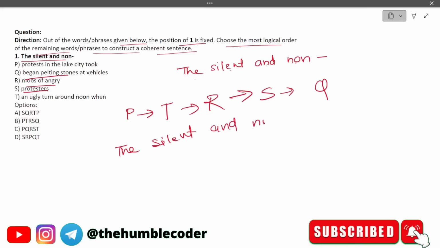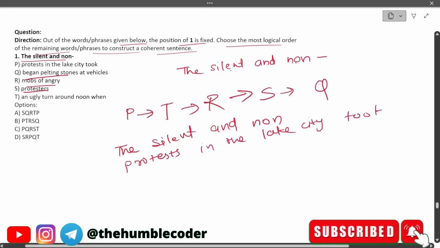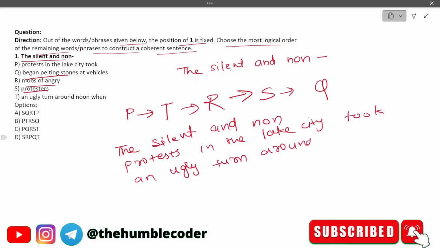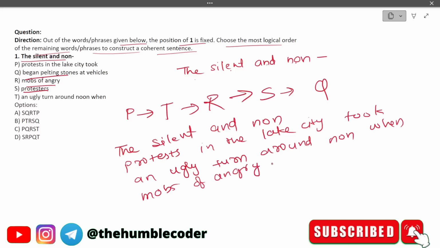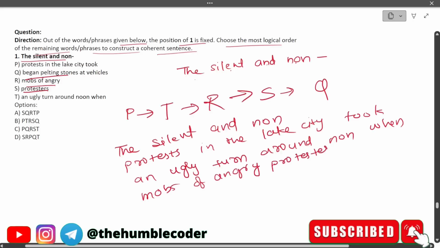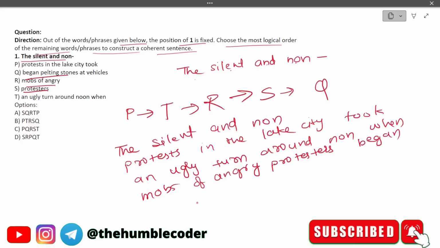The silent and non protest in the Lake City took an ugly turn around noon when mobs of angry protesters began pelting stones at the vehicle.